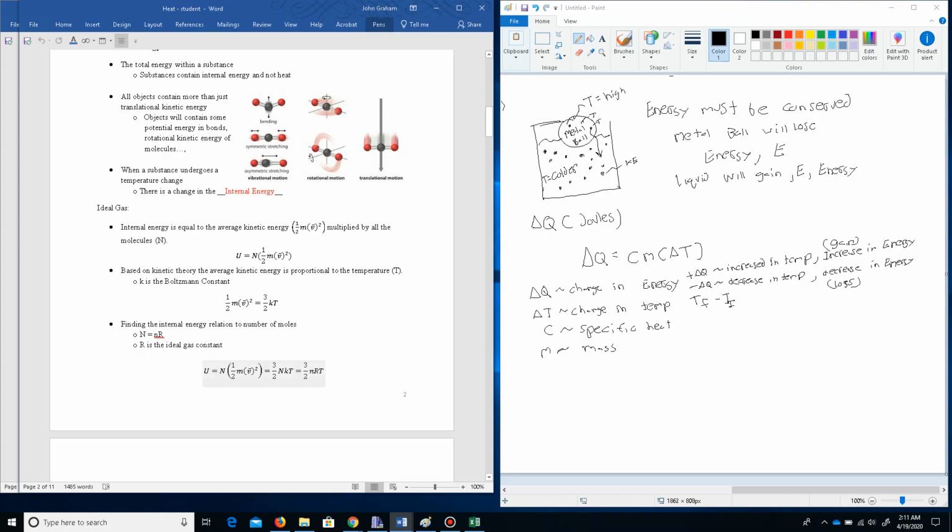We can rewrite this as 3/2 kT, and then you're still multiplying by N, so we bring the N in. And then N k is the number of moles times R, so we can rewrite this as 3/2 nRT. I should put N k there. That's where the k went.